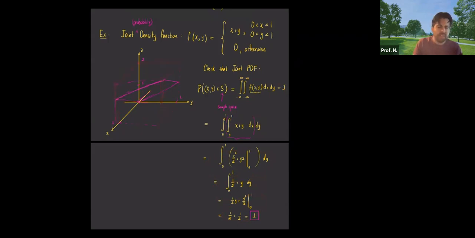Well, not a cube, a rectangular prism. And the rectangular prism had a base of 1 and a height of 2. And so the volume of that rectangular prism would be 2. But this plane goes right through half of it, through the diagonal. And half of 2 is 1.